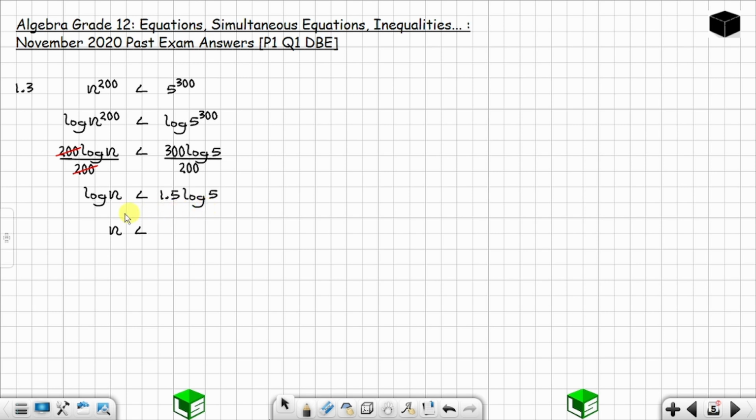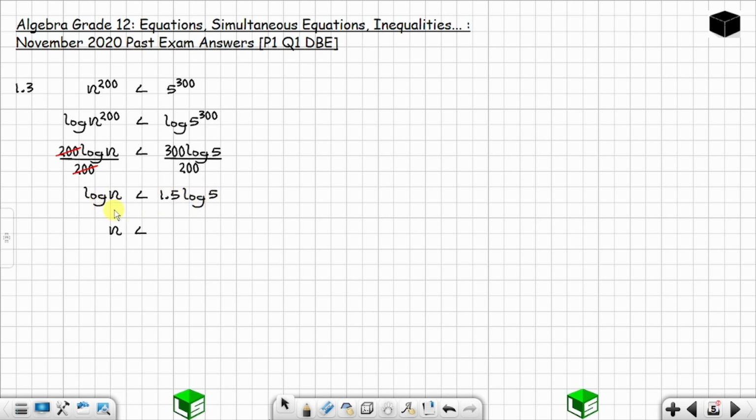So you have 10 to the power of whatever you have on the other side of the inequality sign. You treat it as an exponent.